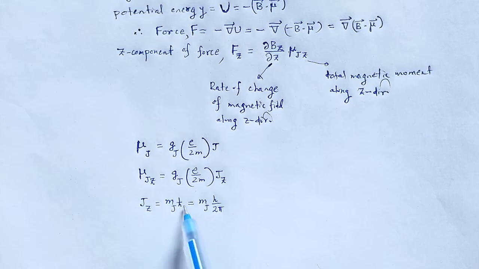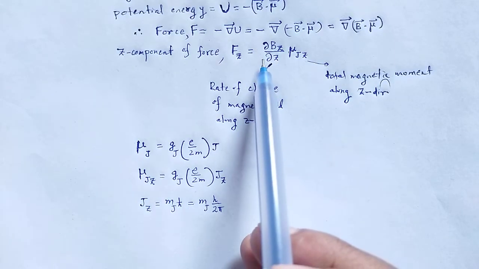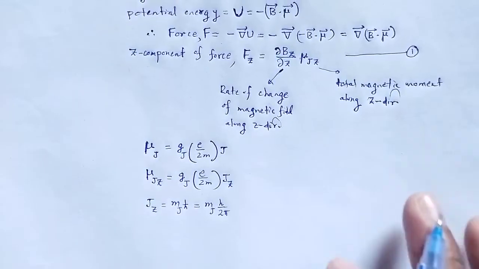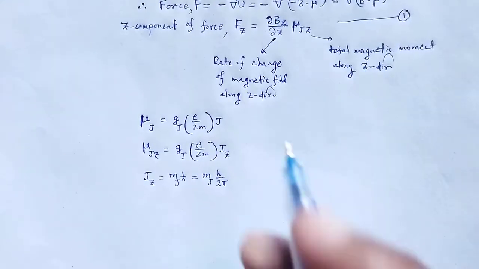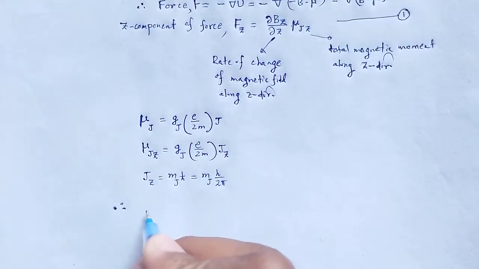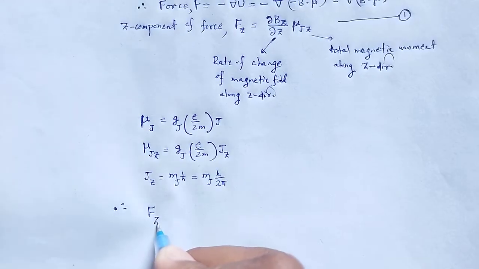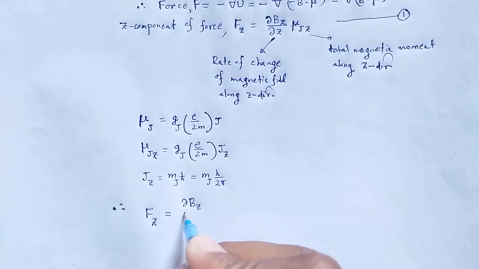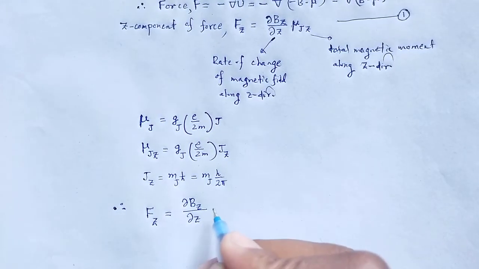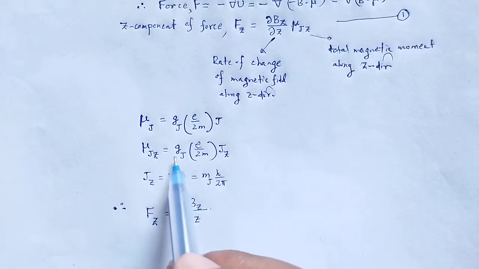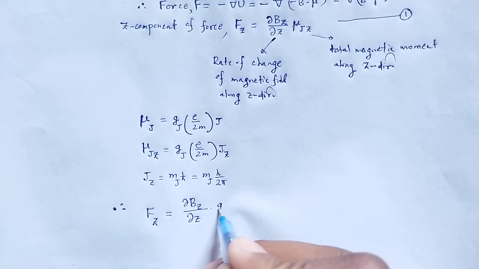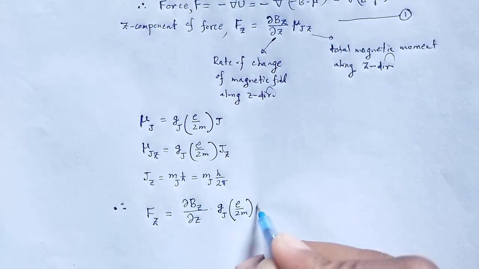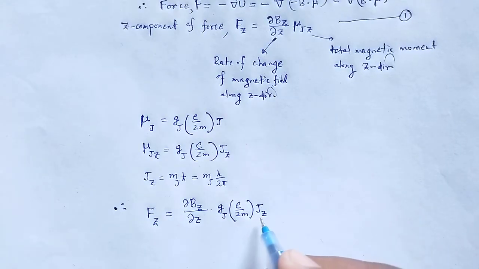Putting these values in the z component of force, we take it as equation number 1. Now putting these values in equation 1, therefore Fz is equal to del Bz by del z. In place of mu jz we substitute gj e by 2m jz.